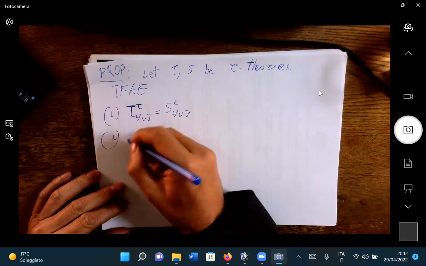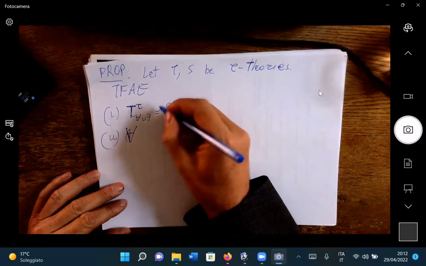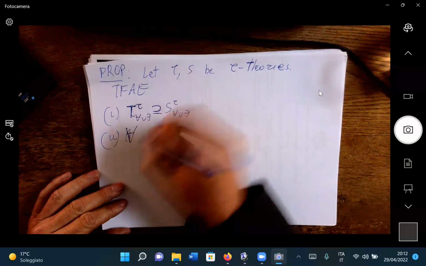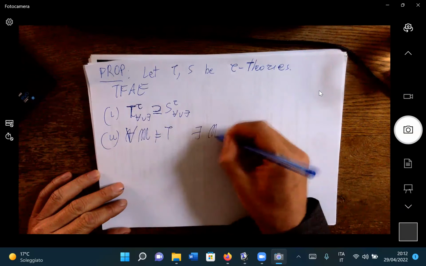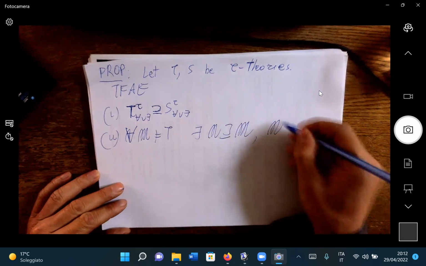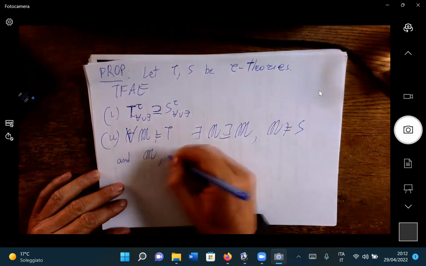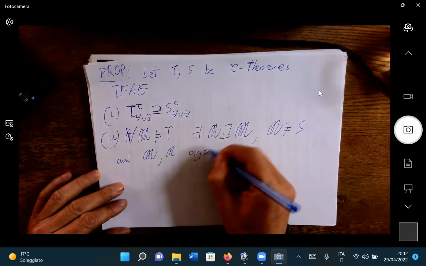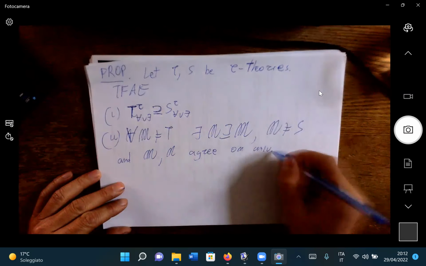And 2, for all M which is a model of T, there exists an N which is a substructure of M, N is a model of S, and M and N agree on universal sentences.